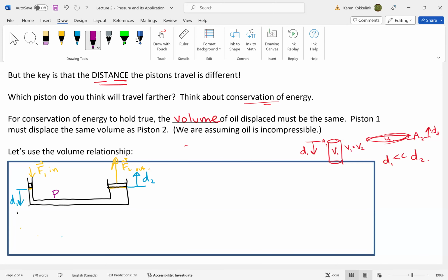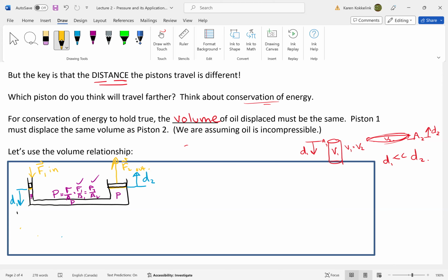The pressure inside here is going to be equal to the force over area of either of these. It'll be F1 over A1, or it'll be F2 over A2. We'll use whichever ones we have values for. But of course, that's called P, and P is the same here as it is here, and it's going to act upon these cross-sectional areas.